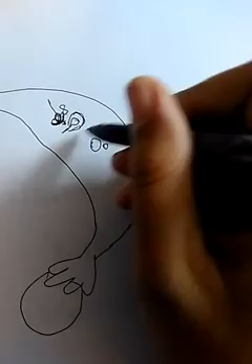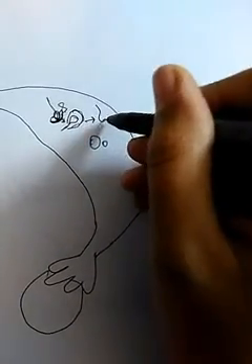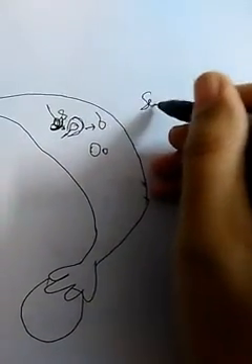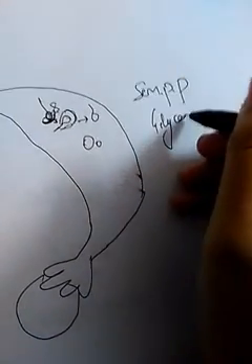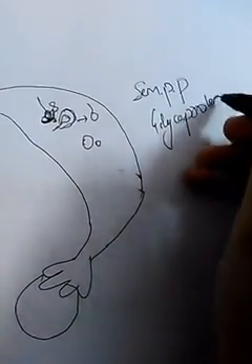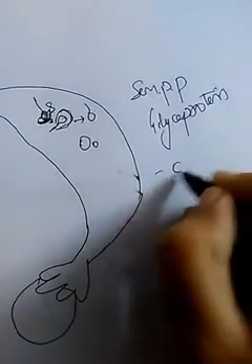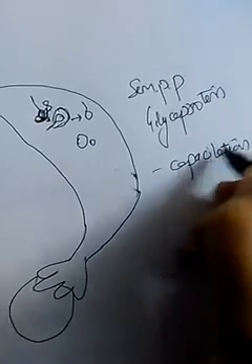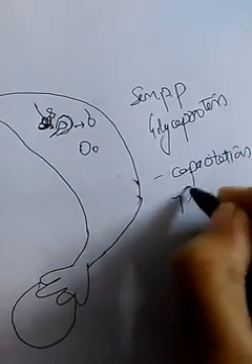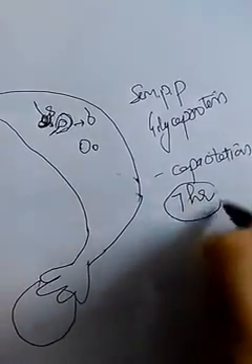This process of removal of seminal plasma proteins and glycoprotein coat is called capacitation. This whole process of capacitation takes about 7 hours.